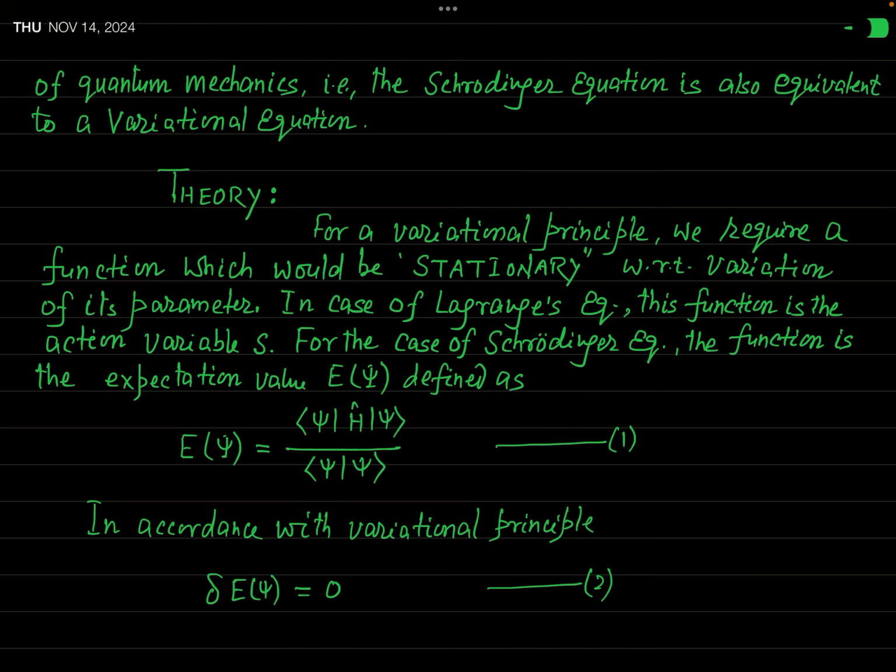In fact, what is the basic theory of this principle? First of all, we will learn about the basic theory, and then at the end of the lecture we will also learn the 4 steps by which we can solve any problem using this variational method.